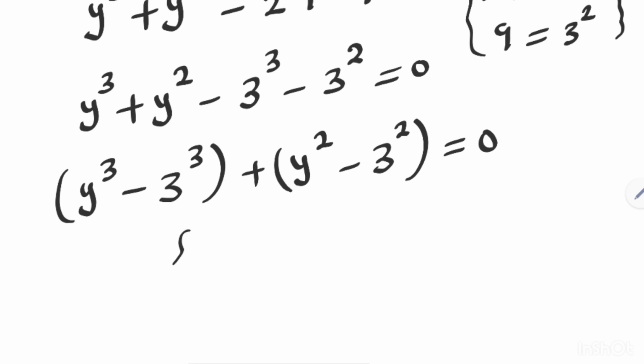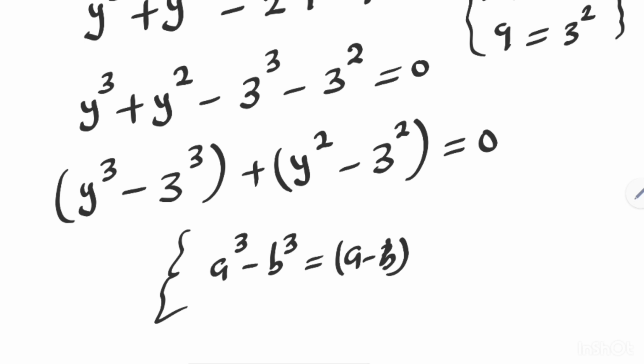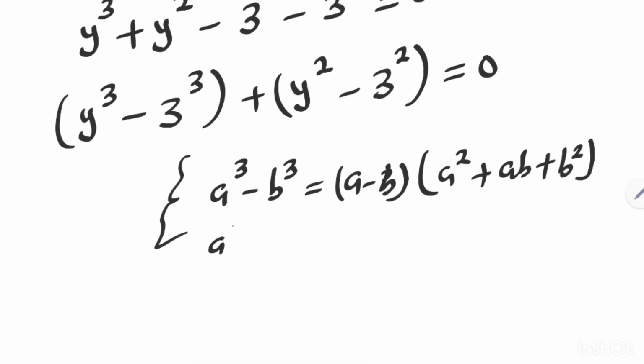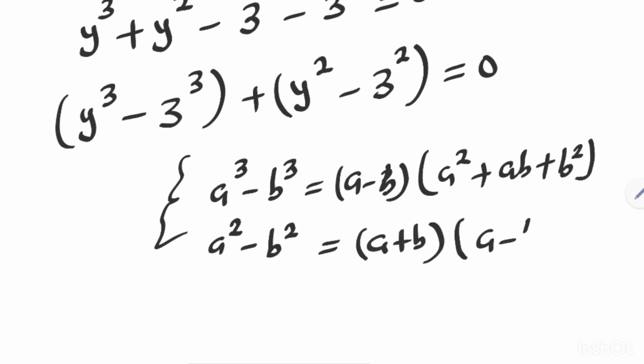Take note of this, that a raised to power 3 minus b raised to power 3 is equal to a minus b bracket a squared plus ab plus b squared. Then a squared minus b squared is equal to a plus b bracket a minus b.